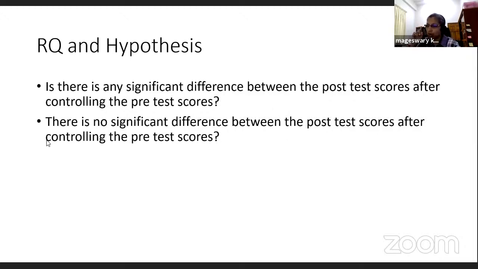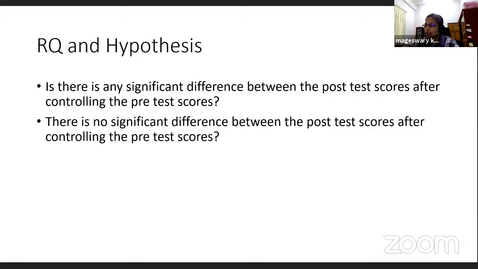If you compare to ANOVA or t-test, I would not have included the phrase after controlling pretest. But when you go for ANCOVA, you will have this phrase: after controlling the pretest scores, after controlling the gender, or after controlling the location of schools or something like that. Whenever you have the word controlling, I would know that you are doing ANCOVA, not ANOVA.